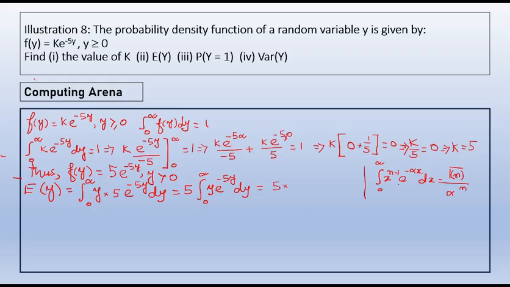If you compare with this, you have x to the power n minus 1. Here you have y to the power 1. Let me write it in the same form, 0 to infinity y to the power 2 minus 1, and then you have e to the power minus 5 and y dy. That means the same type of integral, only in place of n we have 2 and in place of alpha we have 5.